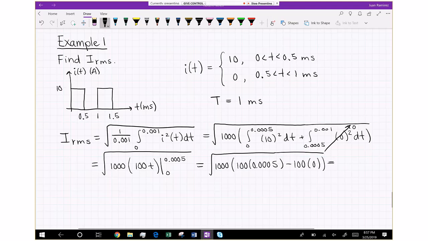And that should then give you square root of 50, which is equal to 7.07 amps RMS. Okay, so that's the RMS value of the current, which is somewhere around here.